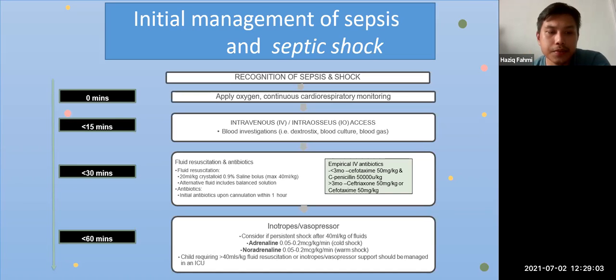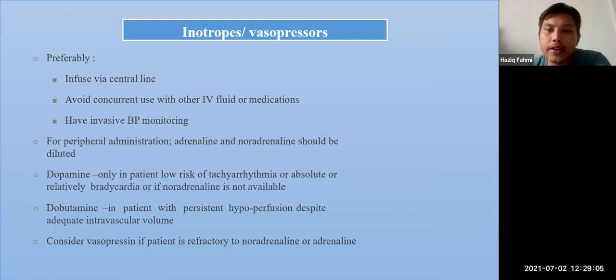So next. With regard to inotrope and vasopressor, we may give it through peripheral line or central line, but preferably we infuse via central line and avoid concurrent use with other IV fluids or medication, and have an invasive BP monitoring. So for peripheral line, the drug should be diluted.